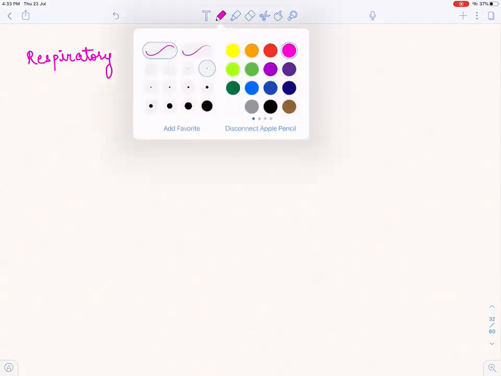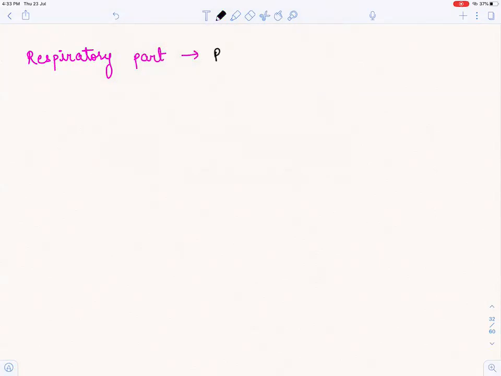Now we'll go to the respiratory part. We had already done the conducting part of the respiratory system. What is the respiratory part? The respiratory part is the respiratory bronchioles, that have alveolar ducts and further alveoli coming out from their walls. I'll draw a diagram and then you will understand it clearly.